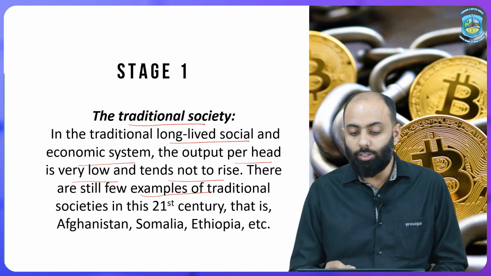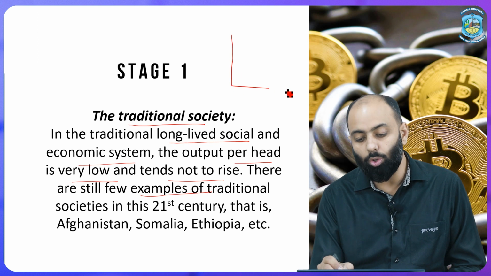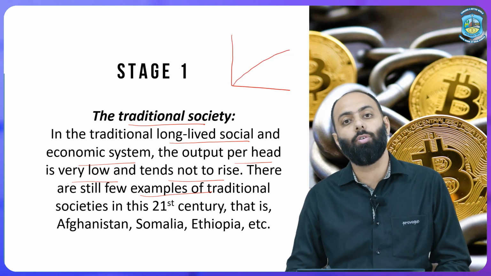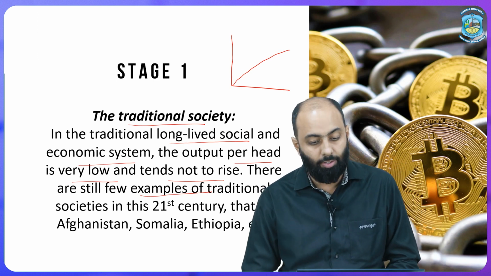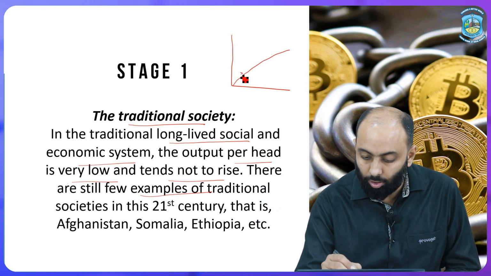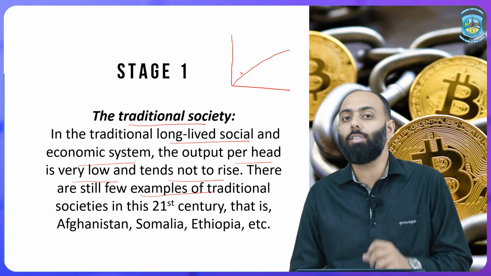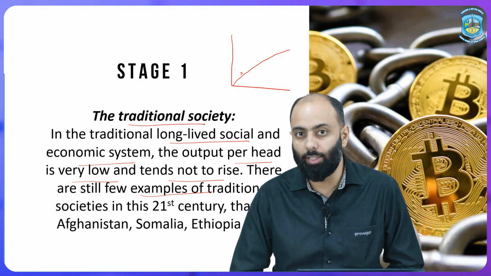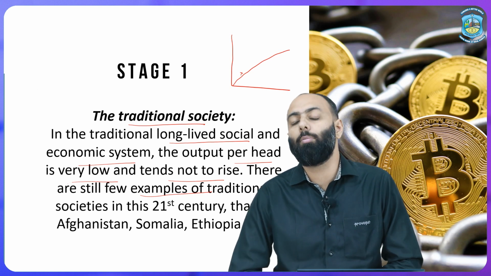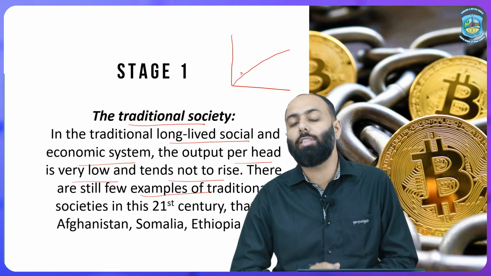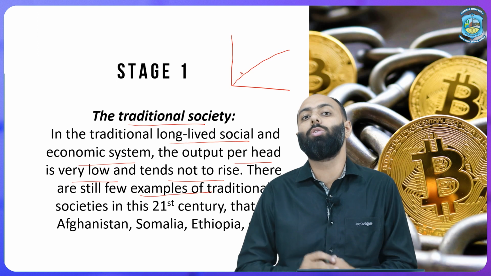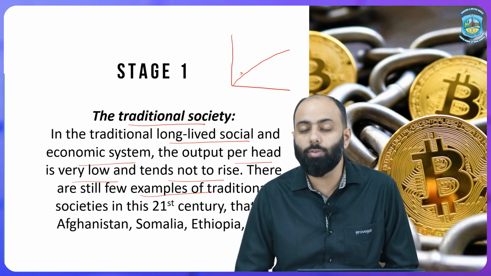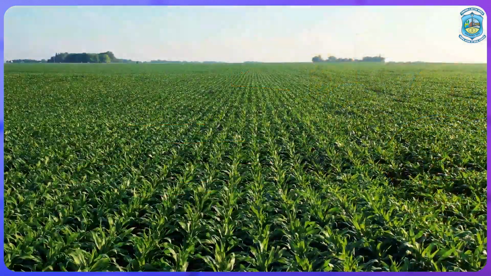The stages of growth and development can be understood with the help of this graph, in which the very first stage was the traditional society. Let us take the example of agriculture. In the first stage there was a traditional approach in which we were not using any investment, nor any equipment or tools for agriculture.